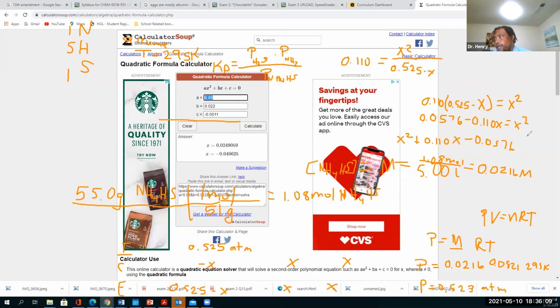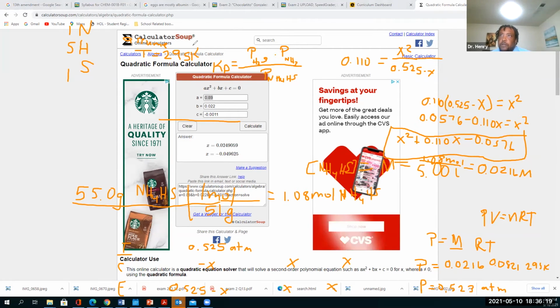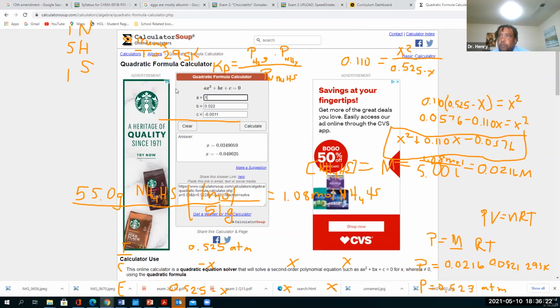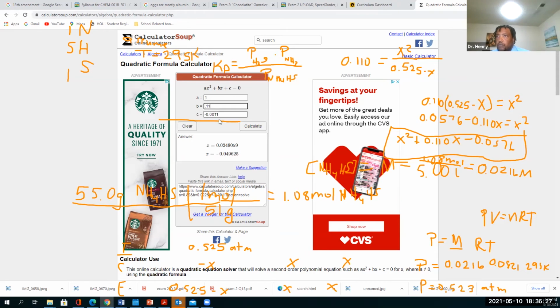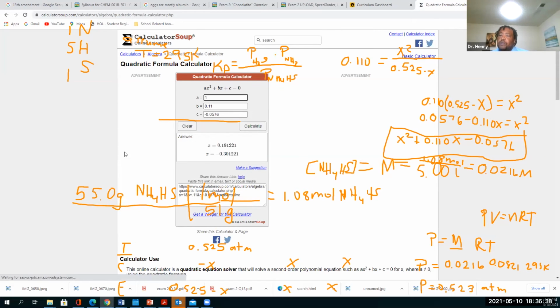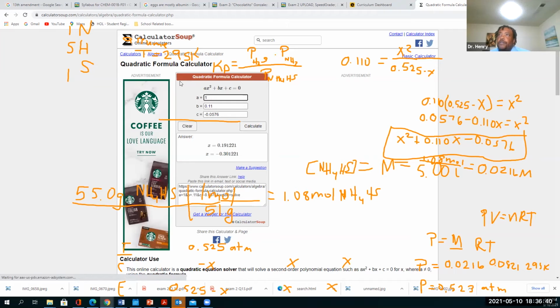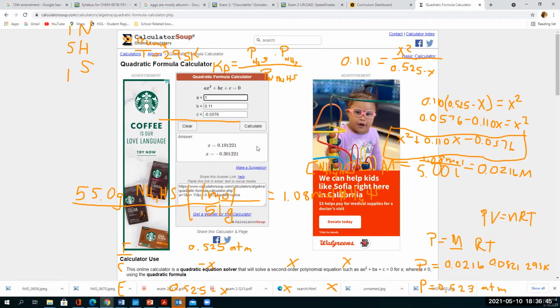So this is the equation we're using right now. Okay, so which value are we going to use and why? 0.191.